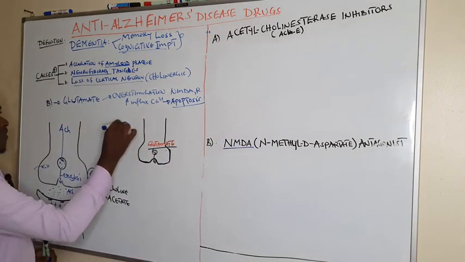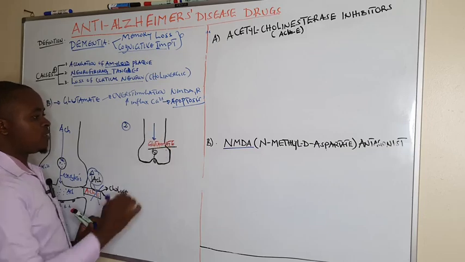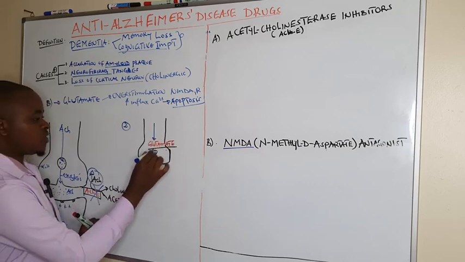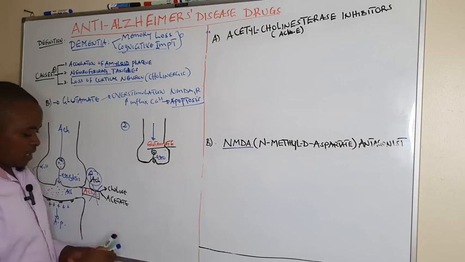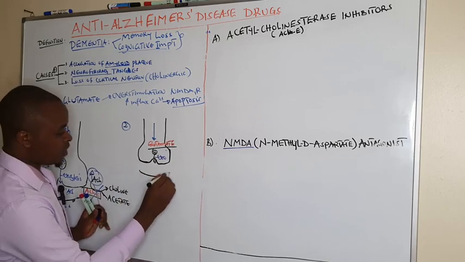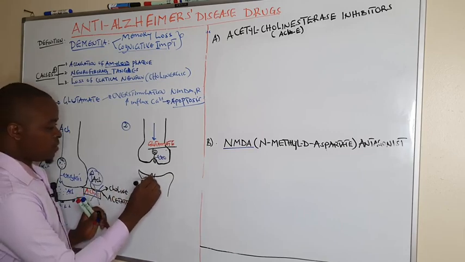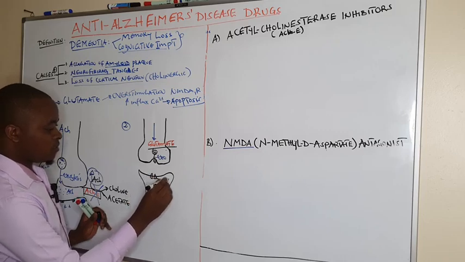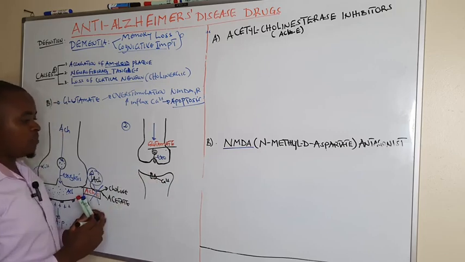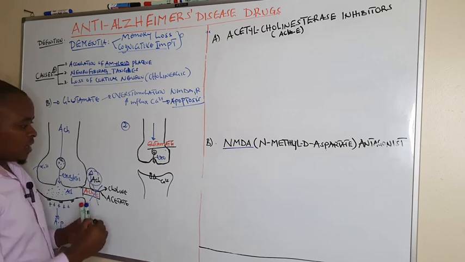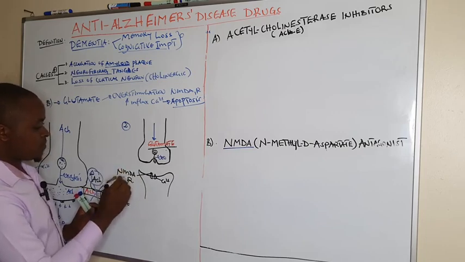Then the second category: glutamate, the neurotransmitter in the presynaptic neuron, is stored in the vesicle and released by exocytosis into the synaptic cleft. The postsynaptic neuron has calcium gated channels, and these have a receptor for glutamate, which we name the NMDA receptors.